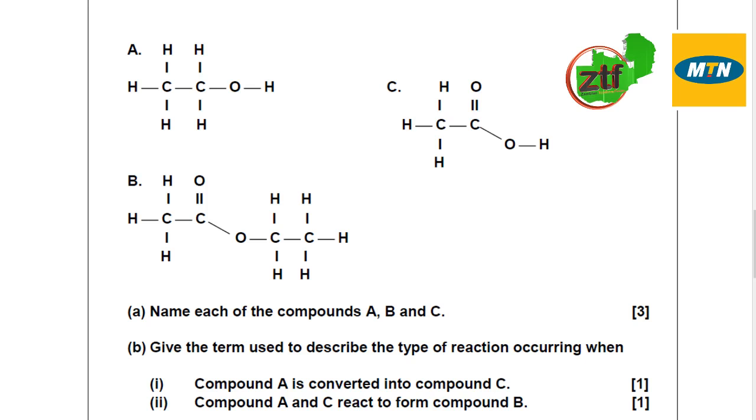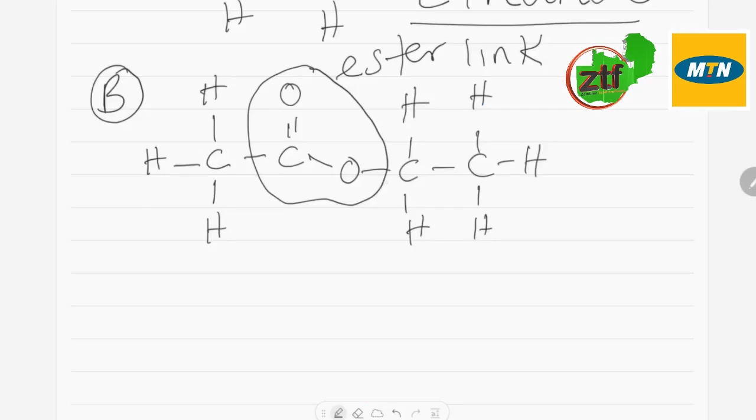But how do we name this compound? What guides us is the number of carbon atoms attached also. In this case, they give us the alcohol that contains 2 carbon atoms. It is known as ethanol. So the alcohol used to make this was ethanol.